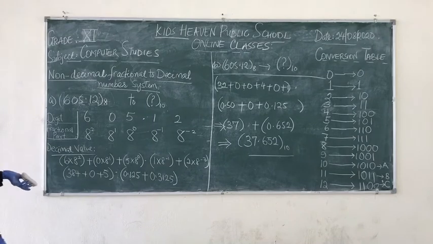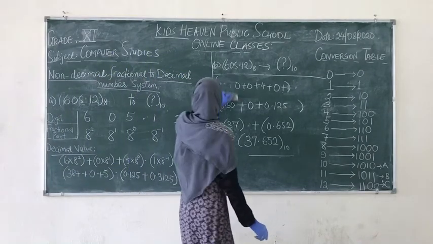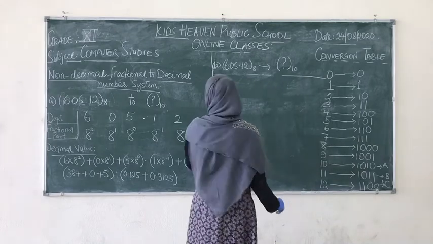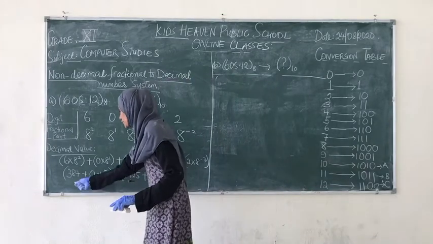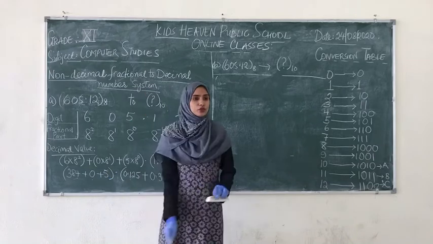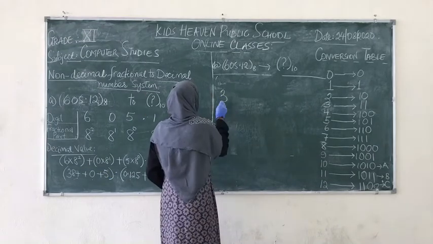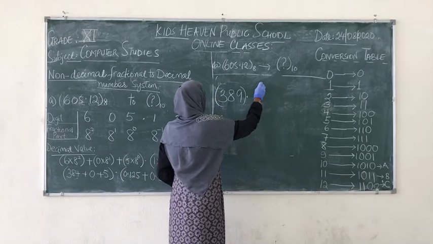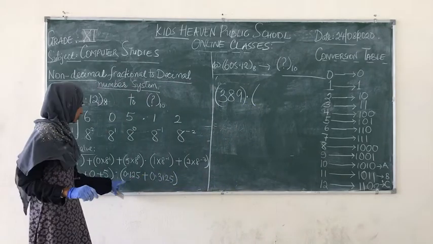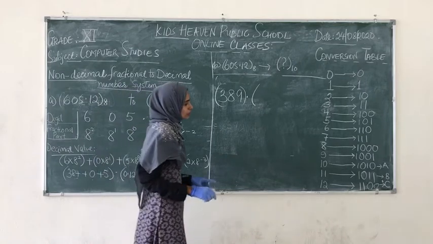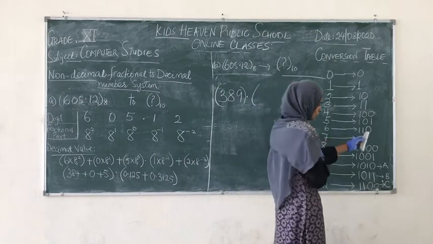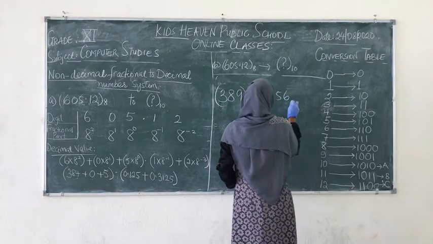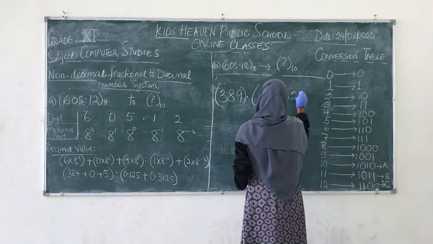We have to complete these additions. Let's quickly have them. So the first one we have 384 plus 0 plus 5, which is equals to 389. Isn't it? 389. We have a point, and then we have the second one, 0.125 plus 0.3125, which is equals to 0.15625.